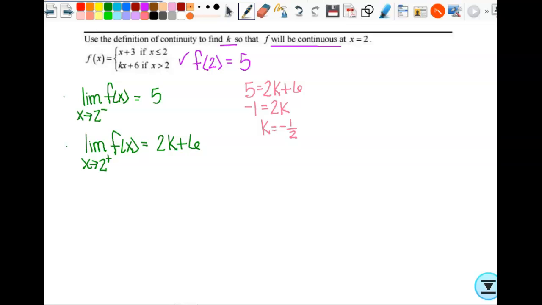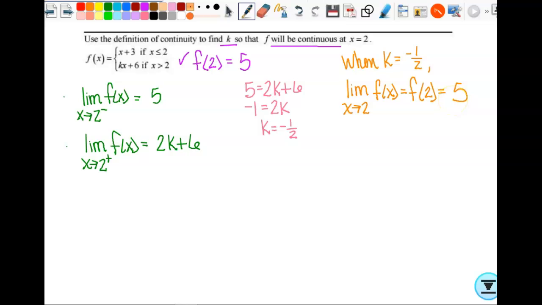Make sense? All right, so then we say, when k equals negative 1/2, the limit as x approaches 2 of f of x equals f of 2, which equals 5.